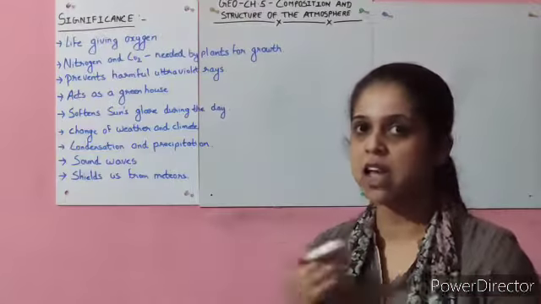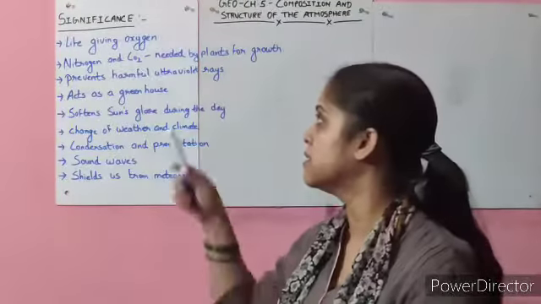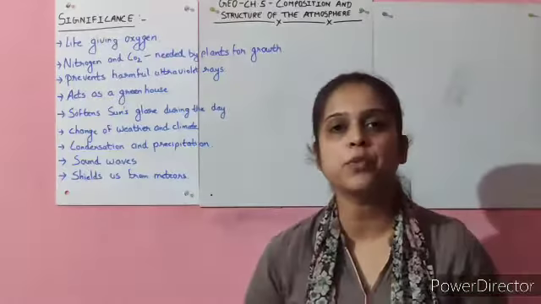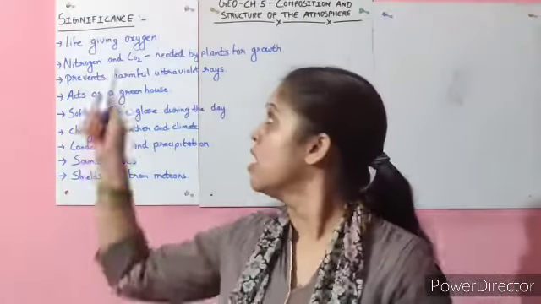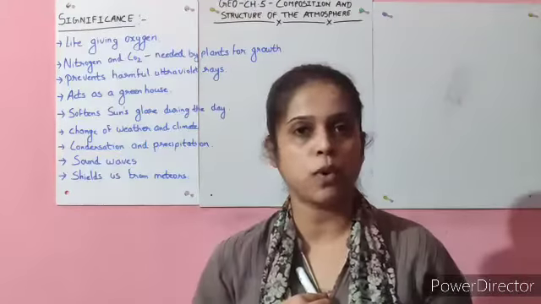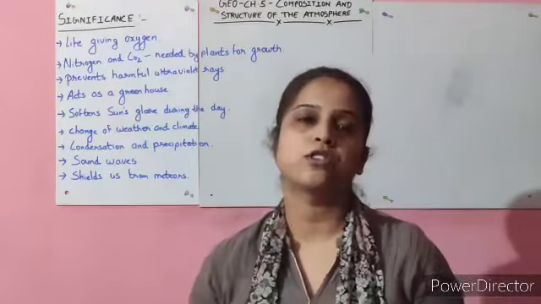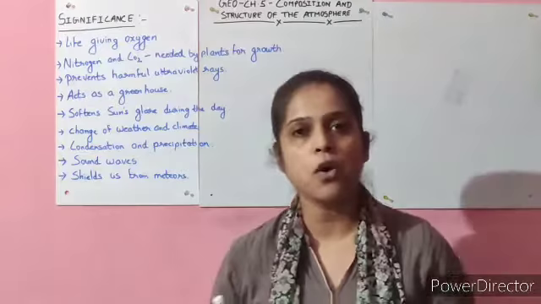So oxygen is required by us. Then second comes nitrogen and CO2. It is also provided by the atmosphere. First thing is oxygen which is required by us. Second thing is nitrogen and CO2 which is required by the plants for growth.